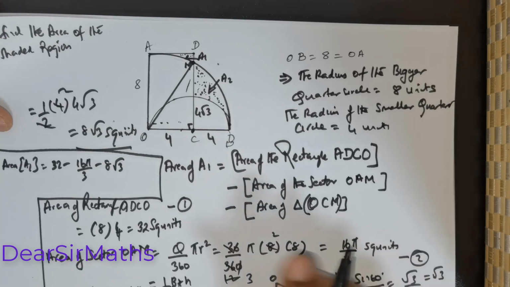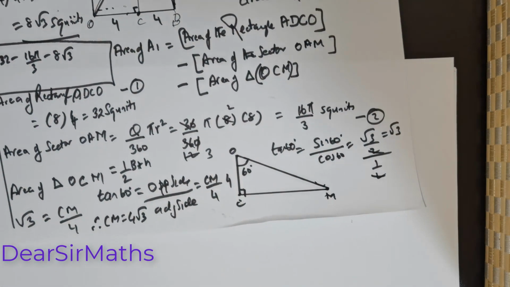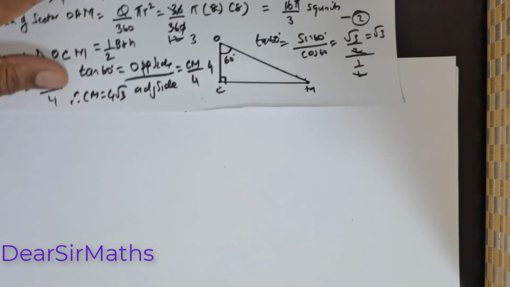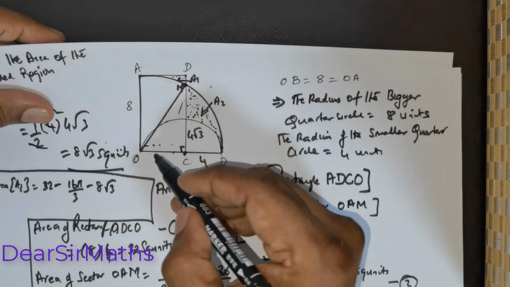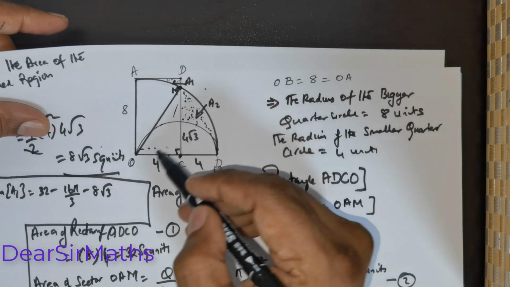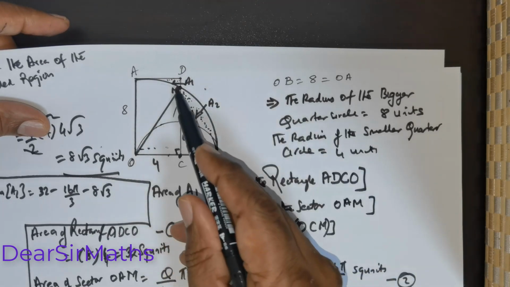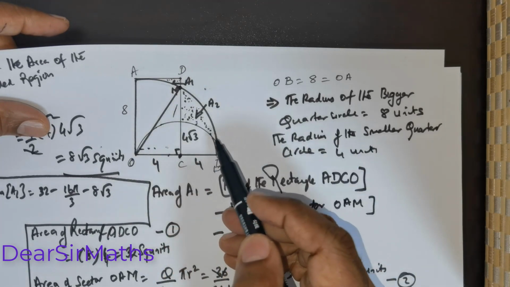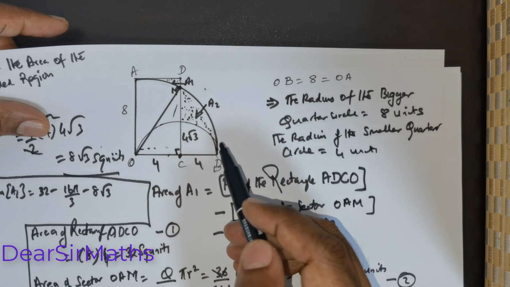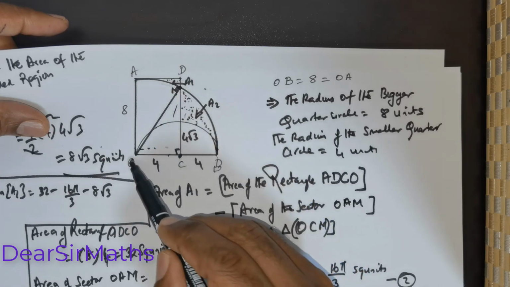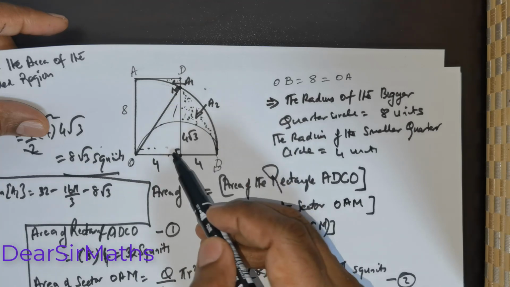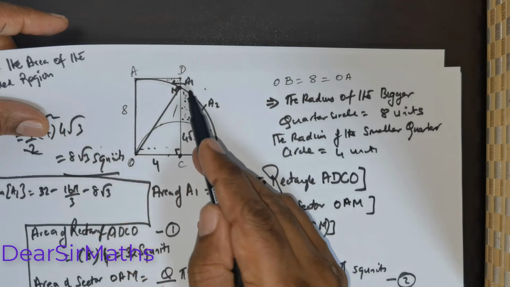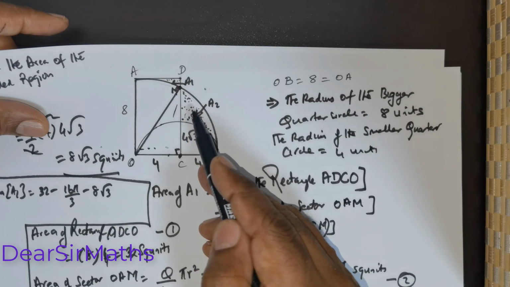Now how am I going to get this area? Let me use the same figure. Now if you see this figure, this entire thing is nothing but a sector OMB. Now what I have to do is from the sector I have to remove triangle OMC, that goes away, and I would have this left.